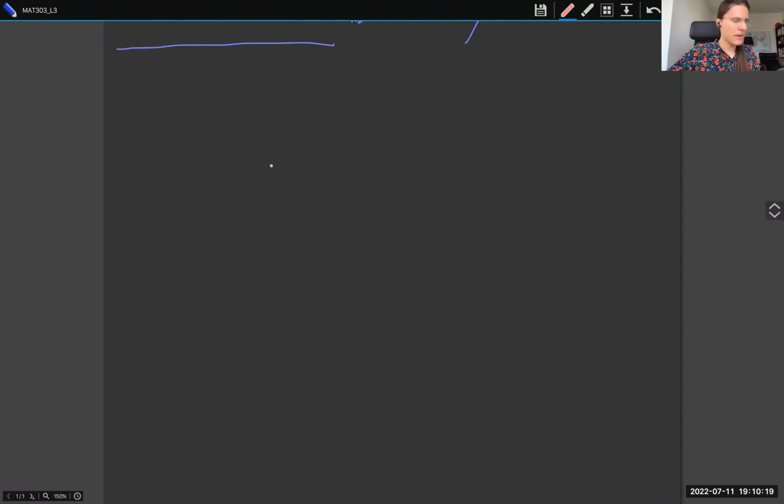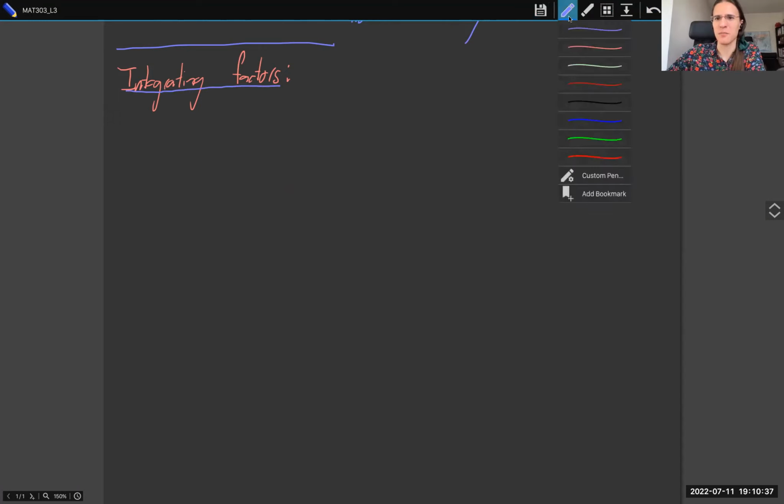Right. Okay, now let's talk about integrating factors, in a more general sense than we talked about last time. What we talked about last time is actually going to be a special case of this more general notion of integrating factors.